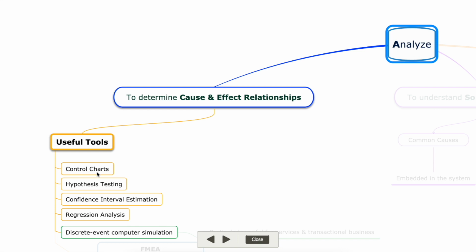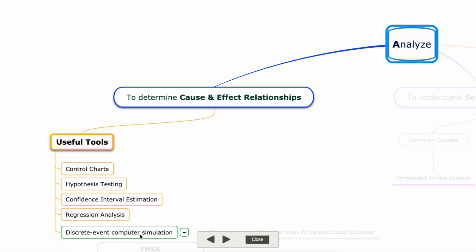You have already got a little bit of introduction about control charts, and in further lectures we will study hypothesis testing, confidence interval, and regression analysis also. And discrete event computer simulations are typically used for service businesses and transactional businesses, more than manufacturing businesses.